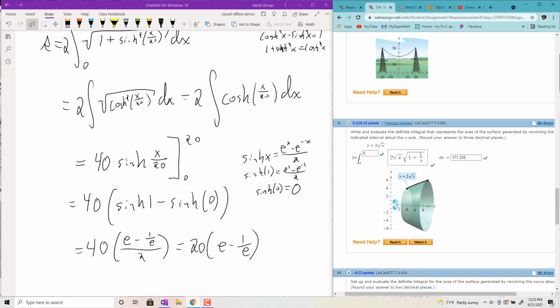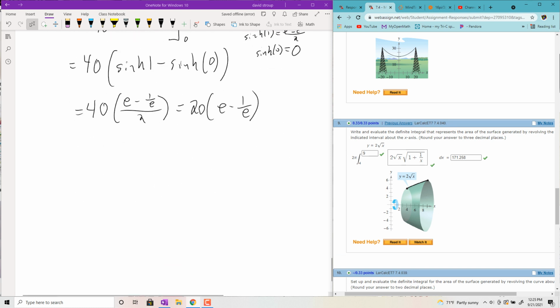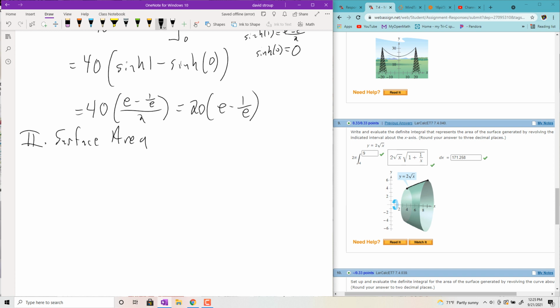The next section is on surface area. So you need arc length in order to do surface area problems because of the formula for surface area. So we'll begin with basically just the same picture as before. We have some sort of region that we're rotating about, in this case, the x-axis.